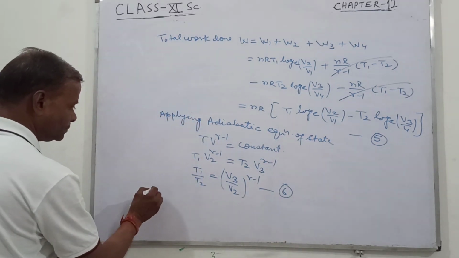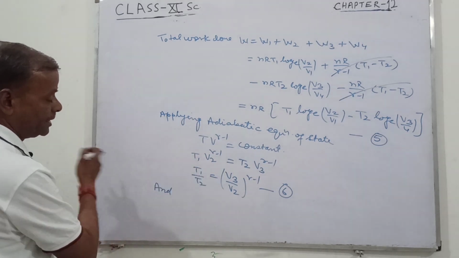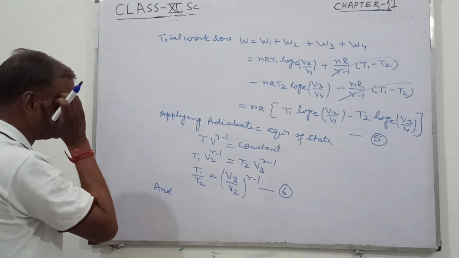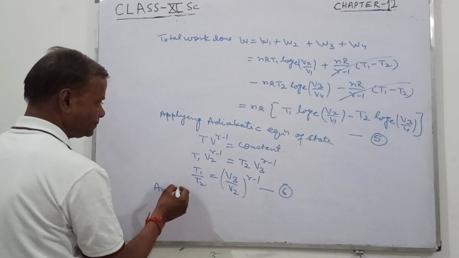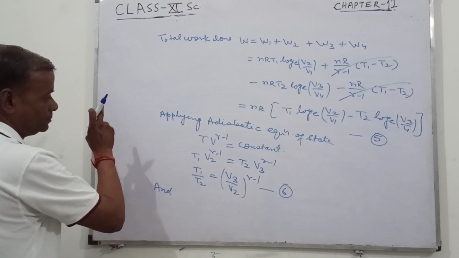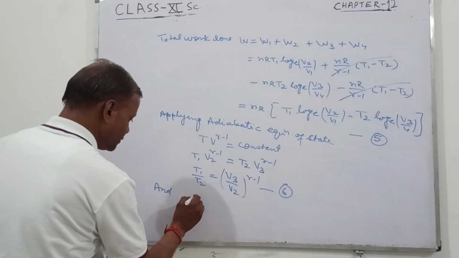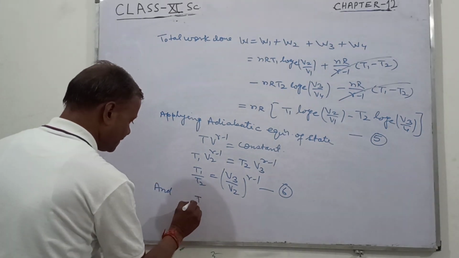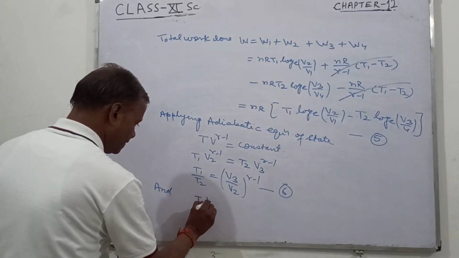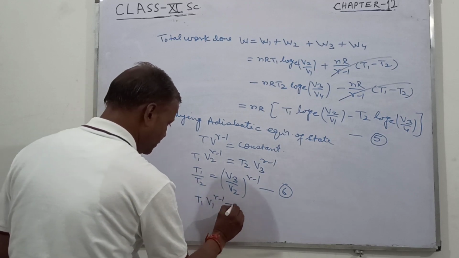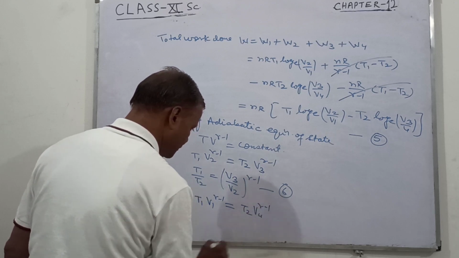And again applying to the second adiabatic curve, T1 V1^(gamma minus 1) is equal to T2 V4^(gamma minus 1).